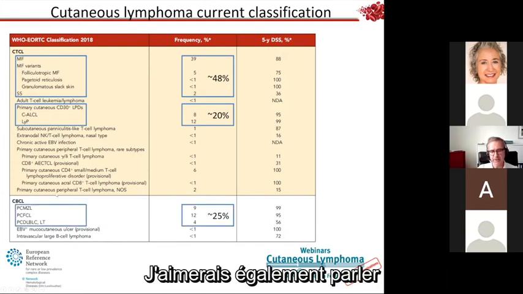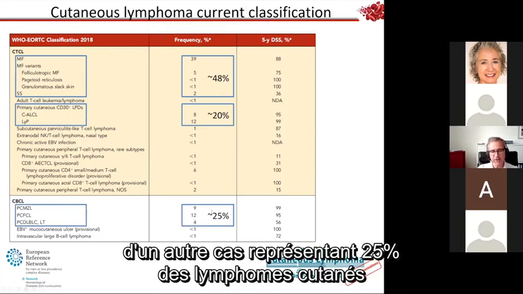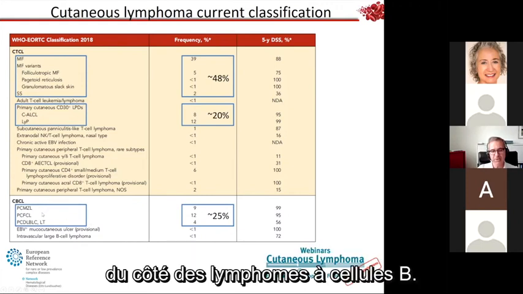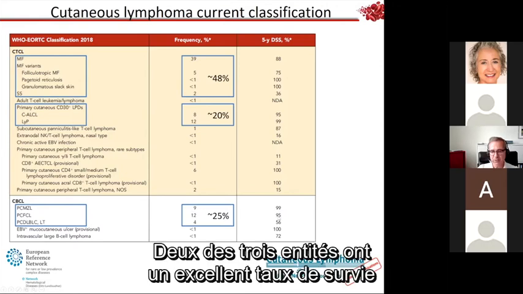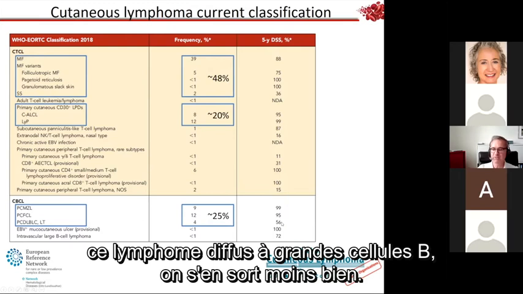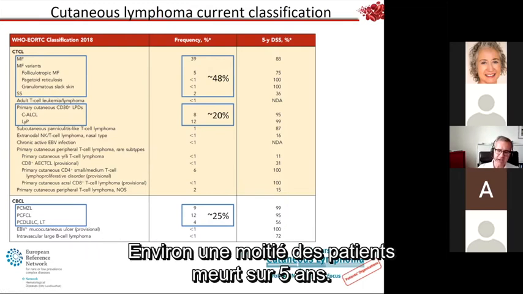And also I would like to cover another 25% of cutaneous lymphomas from the cutaneous B-cell lymphoma field. And you see that 2 of the 3 entities also have an excellent 5-year survival, whereas the one entity, the diffuse large B-cell lymphoma, has a worse outcome. Approximately half of the patients die within 5 years.